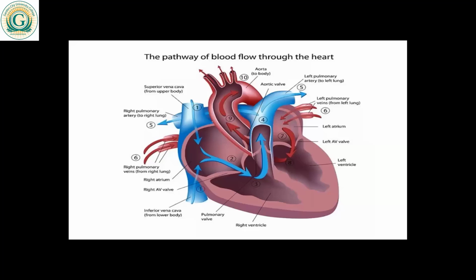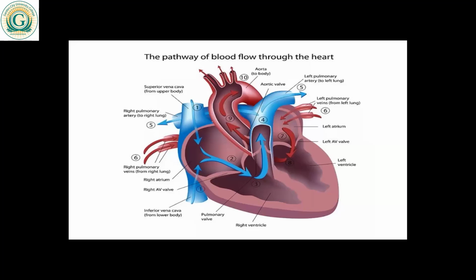Deoxygenated blood in the body enters the heart through the upper part into the superior vena cava, and then the lower part enters through the inferior vena cava into the right atrium.